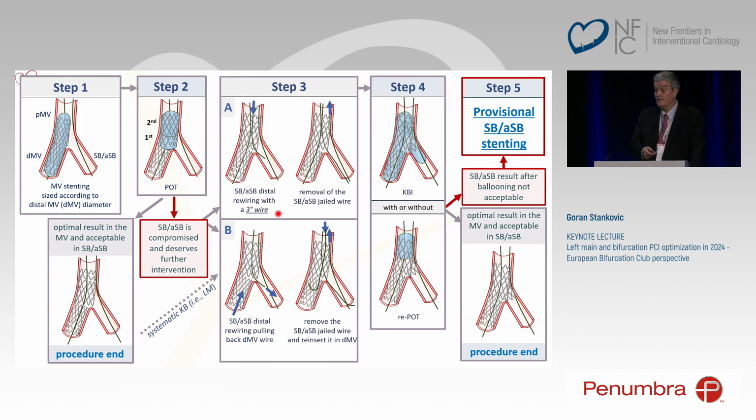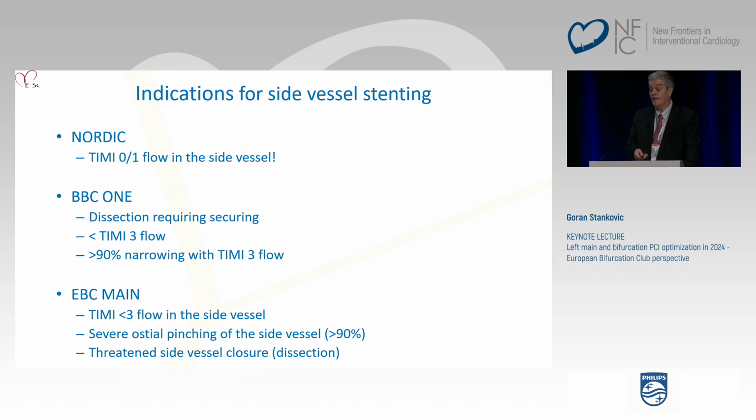But if the result at the side branch is not optimal, then we proceed to step number 3, which is exchange of wires. Step number 4, kissing with or without final POT, and then we evaluate again. And if the result is still not optimal for the ostium of the side branch, then we go to step number 5. And just for your information, indications for step number 5 are different among the studies.